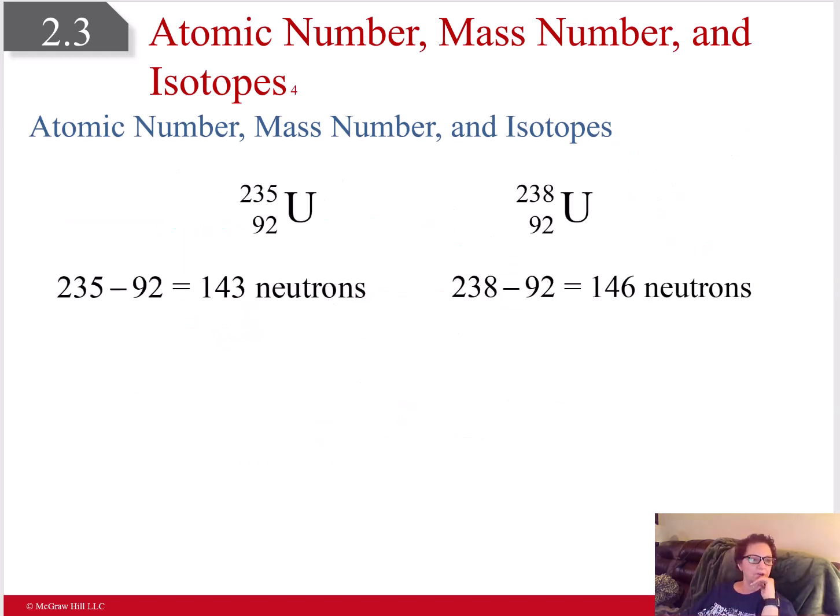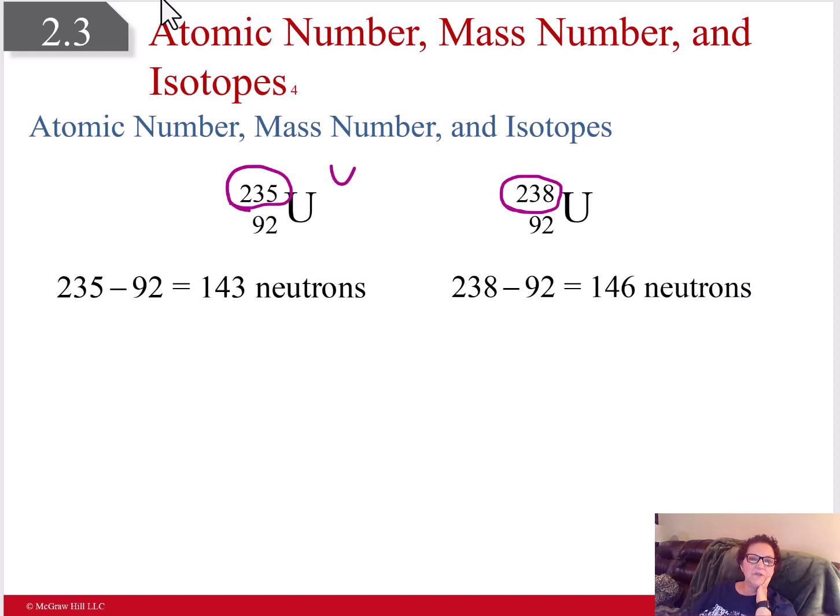If we look at uranium as an example, it comes in mostly two forms: uranium-235 or uranium-238.